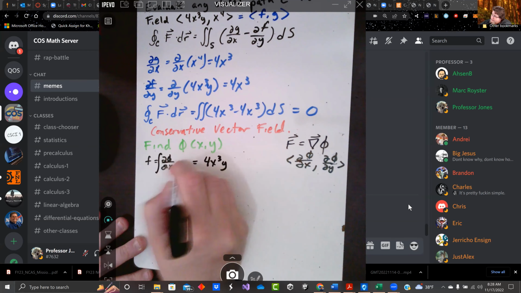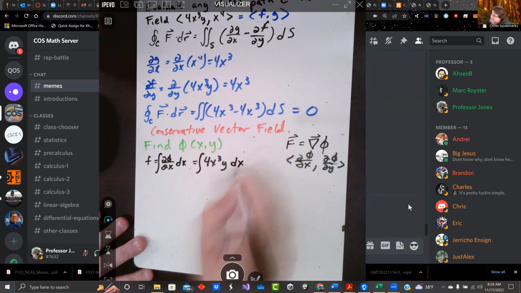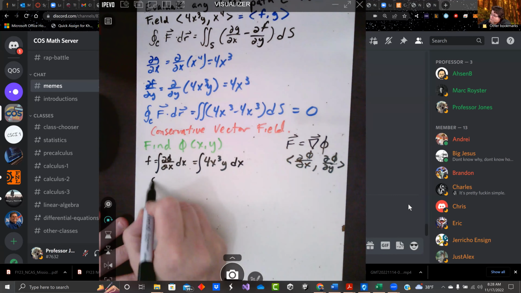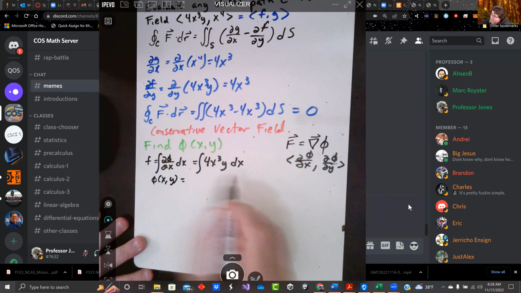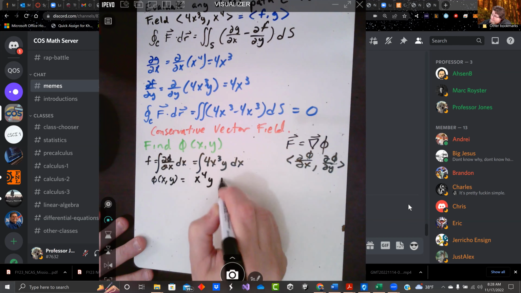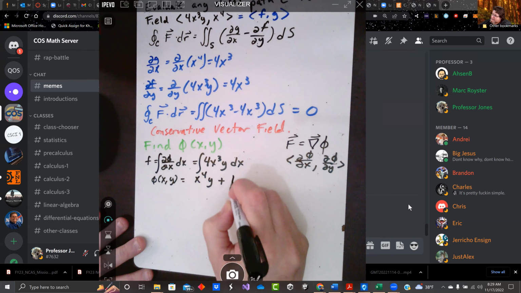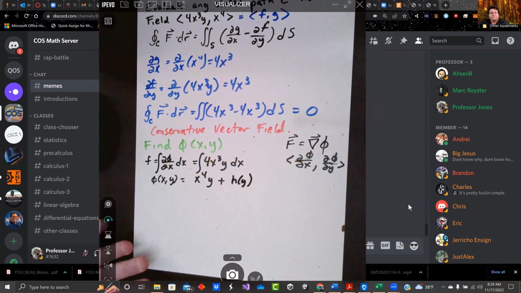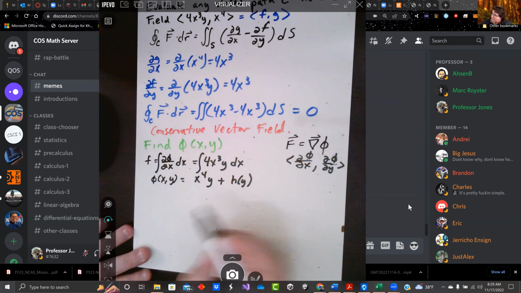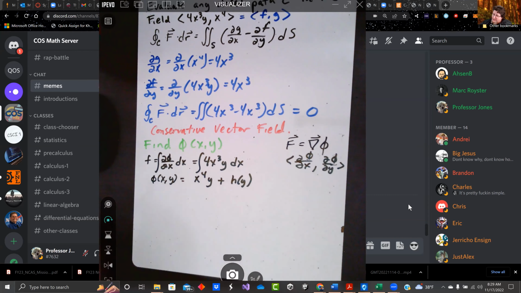And so we will integrate both sides with respect to x. And I get phi of xy on the left equals x to the 4th y plus some constant, but constant with respect to x, which means this could be a function of y. But we know what d phi dy is, so let's take the derivative with respect to y.